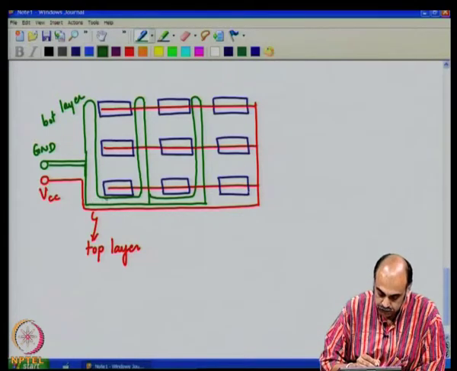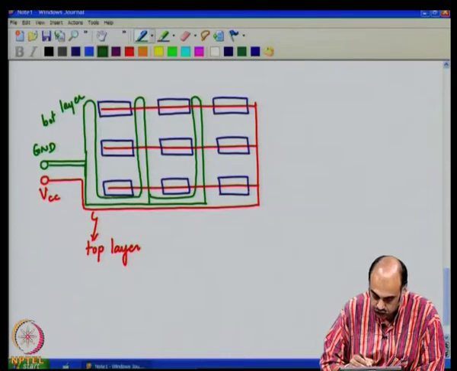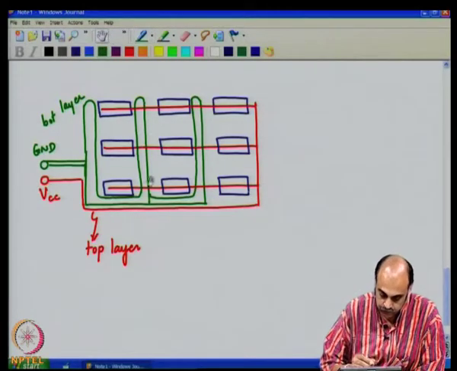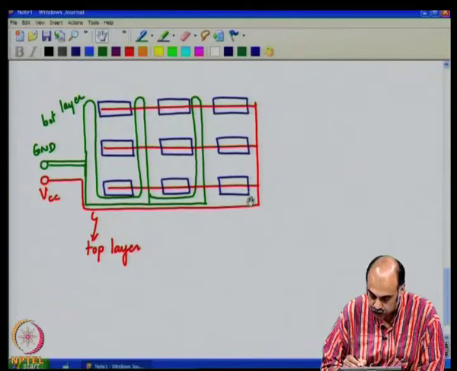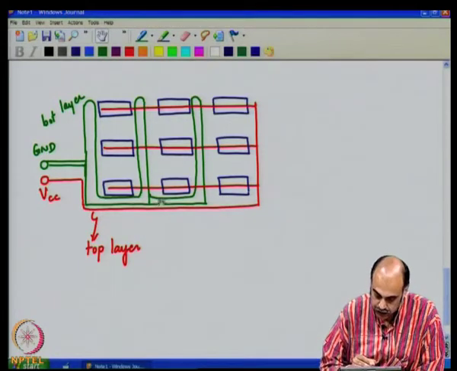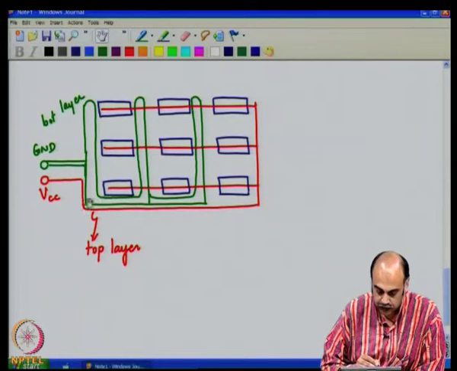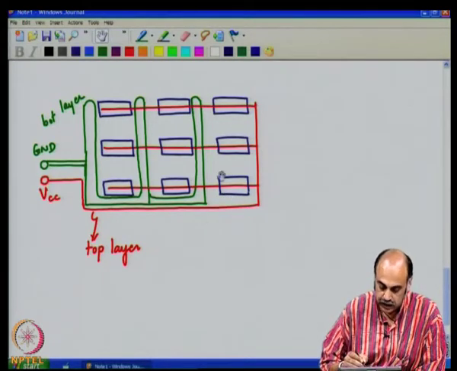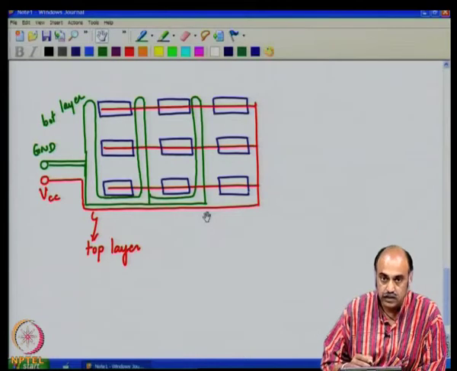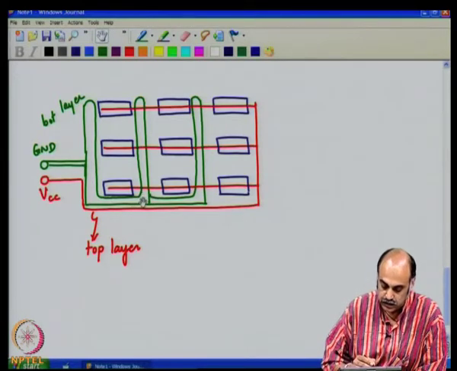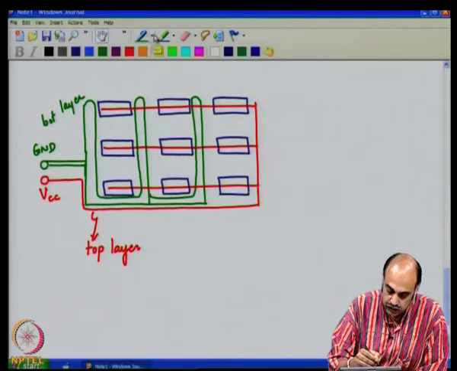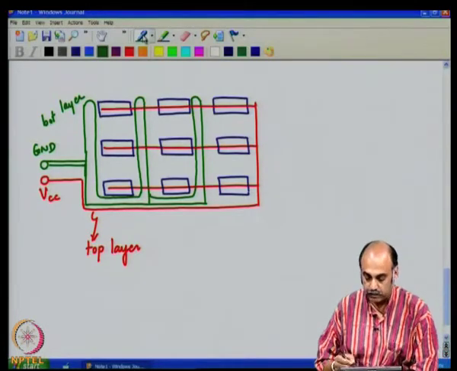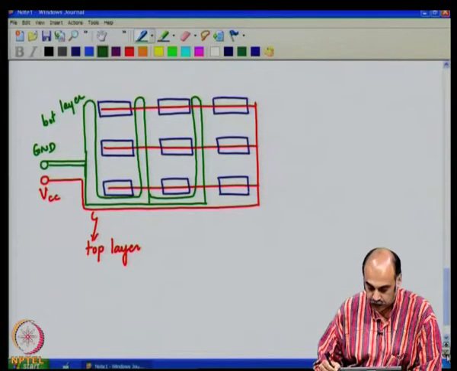Now, by trying to keep the majority of the ground and the supply in this zone, you can make the ground very thick, and then the supply on the top layer to overlap on the thick ground layer, so that you can have a good level of distributed capacitance at this portion. So that each of these lengths will have some capacitive impedance here to supply the spiky currents. So, this is one type of ground routing which is very common.